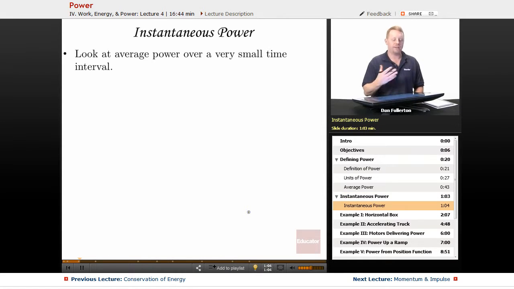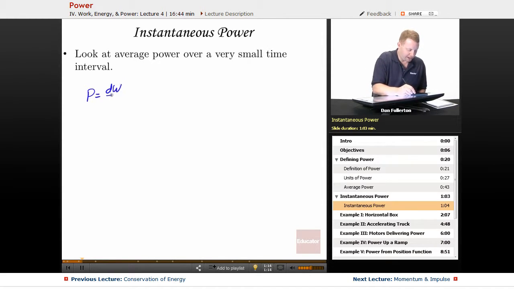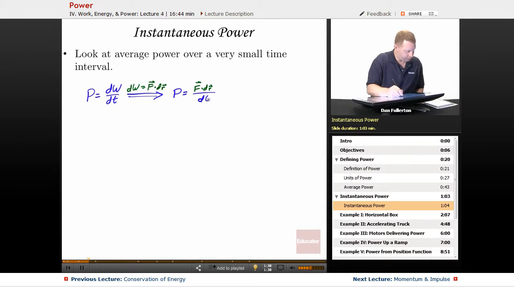Instantaneous power we can find by looking at the average power over a very small interval until we make that time interval infinitesimally small. So power is the time rate of change of work with respect to time. But we've also stated that that differential of work is F dot dr. So we could then write that power equals F dot dr with respect to time.